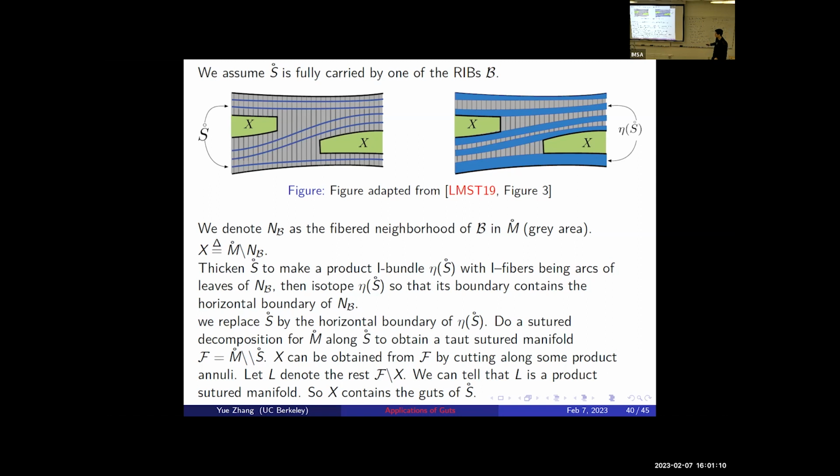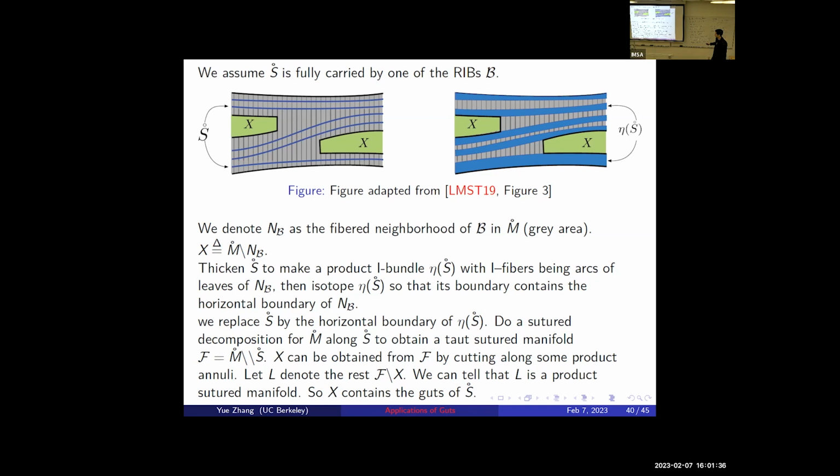So first, this is a standard operation from WMST's paper and also previous normal surface papers. You thicken S circle to have an I bundle, and then you isotope the I bundle to touch the horizontal boundary of X, right?